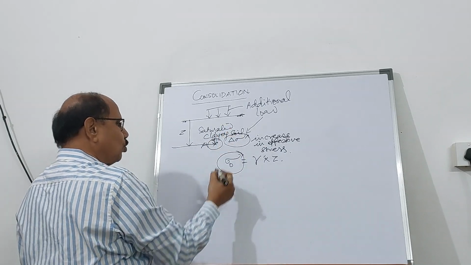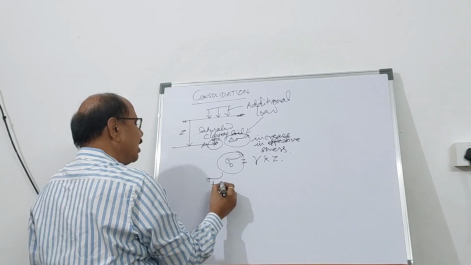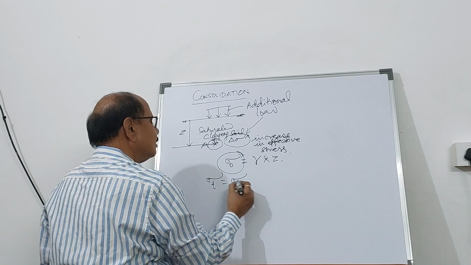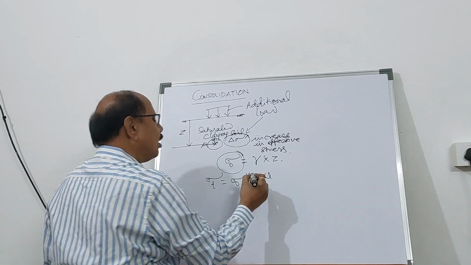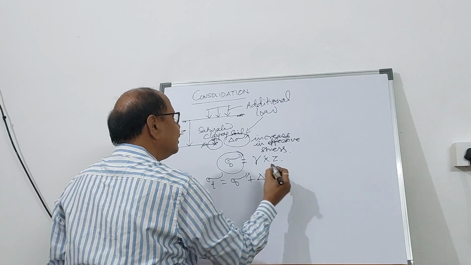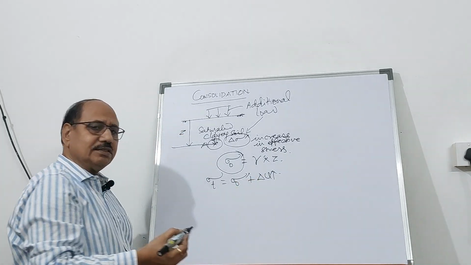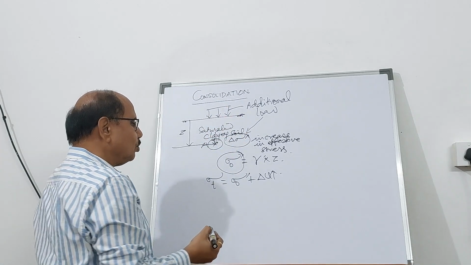The total pressure, sigma T, is going to be this effective pressure plus the pore water pressure, which is acting in the upward direction. The excess pore water pressure is getting built up because of this additional load.